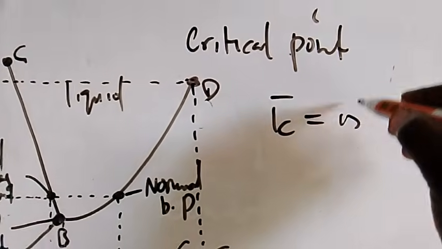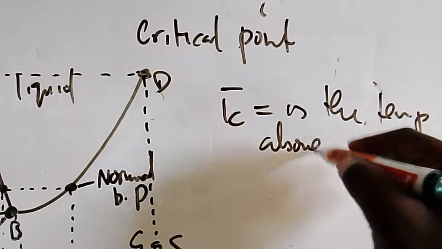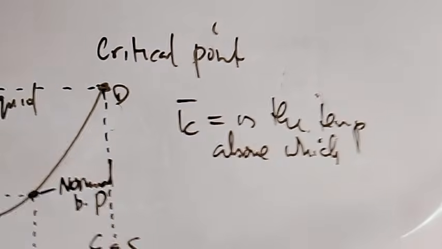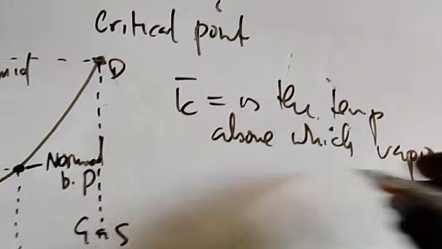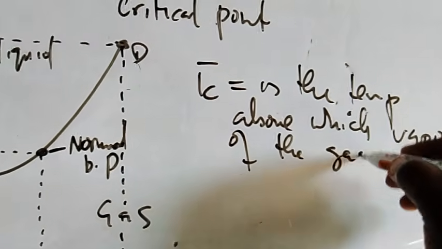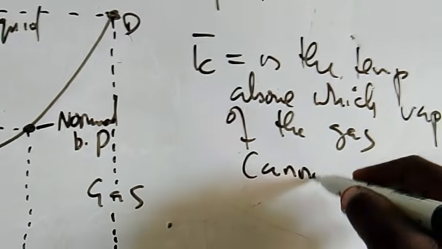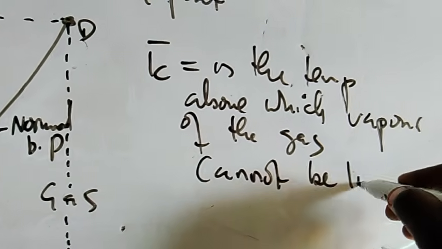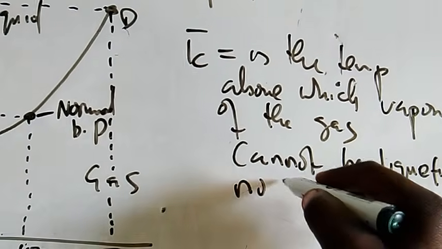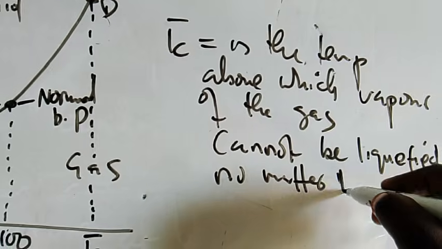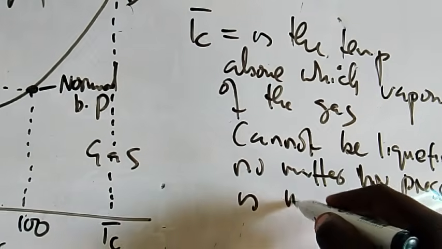So TC is the temperature above which vapor of the gas cannot be liquefied no matter how much pressure is increased.